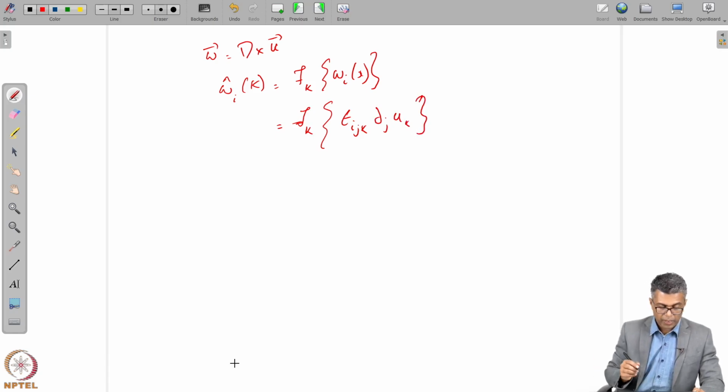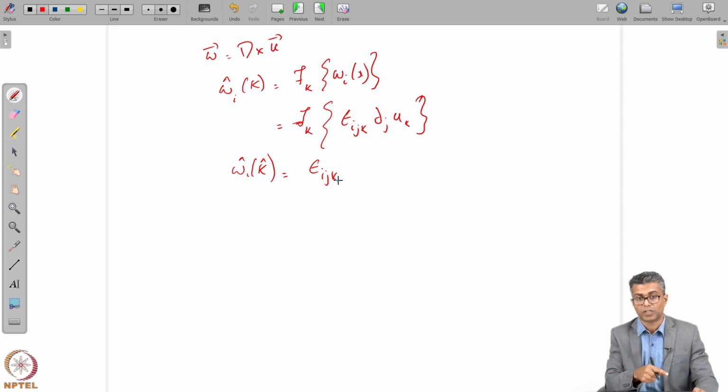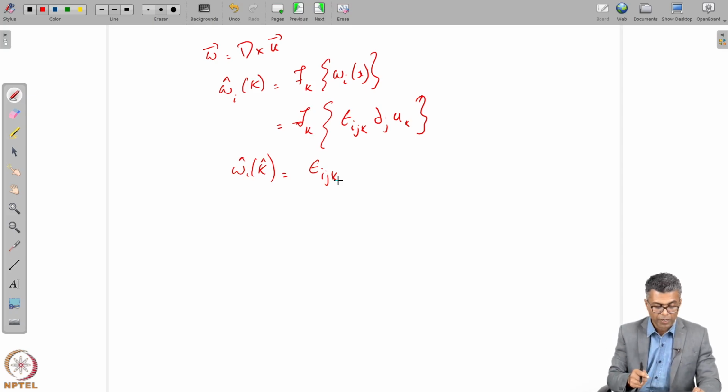Okay, so essentially omega_i of kappa is, okay, here what happens is this is the derivative of u_k. Epsilon_ijk will come out, right? Epsilon_ijk will come out, and I'm taking a Fourier transform on the first derivative. I just did this in the previous problem. When I take the Fourier transform on the first derivative, what I'll get is i kappa_j u_k.